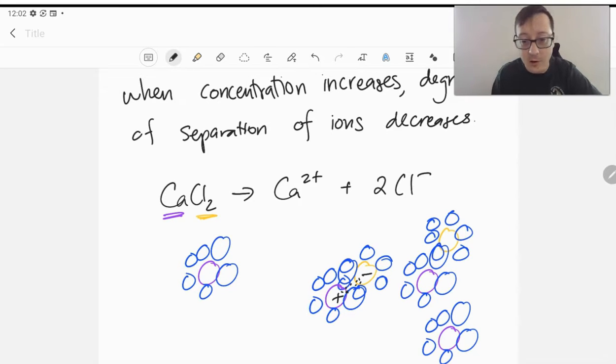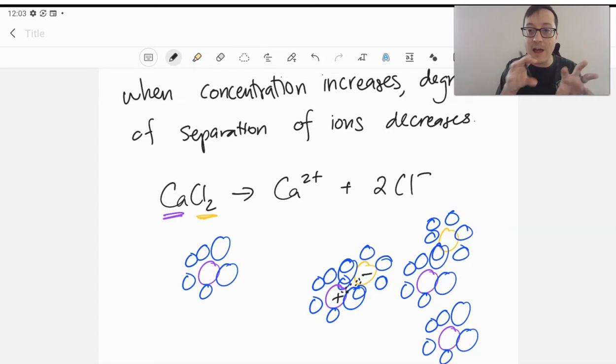And they're not necessarily strong enough to reform a lattice or anything, they're just interacting with each other. And if they interact with each other, they're no longer interacting with the water as much. And as a result, they kind of behave as though they've become 1 particle again, rather than being 2 separate particles, or in this case, 3 separate particles.